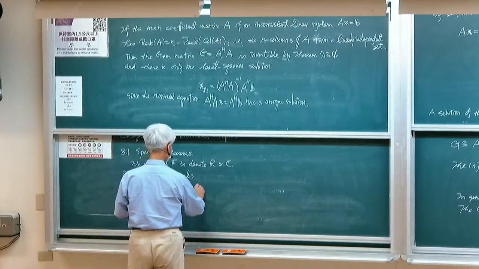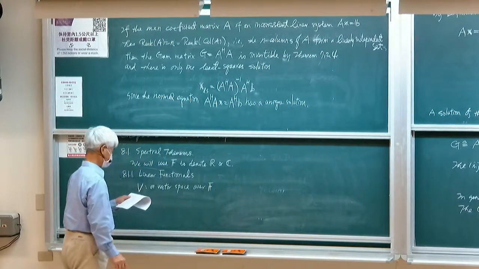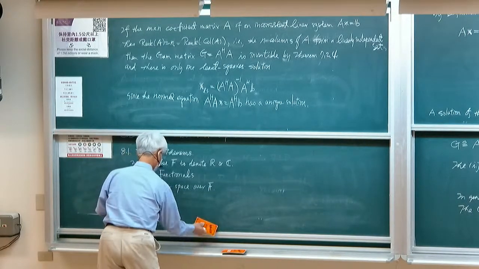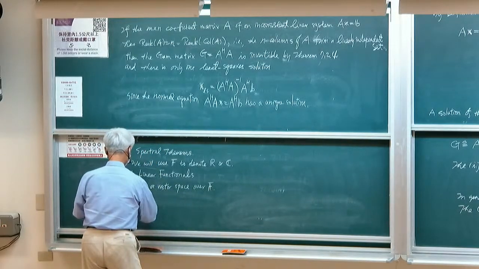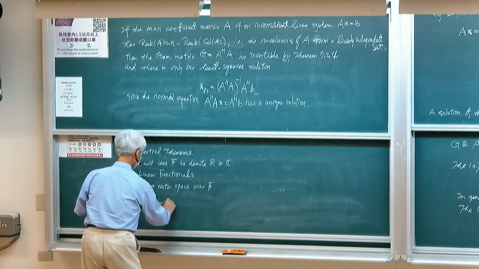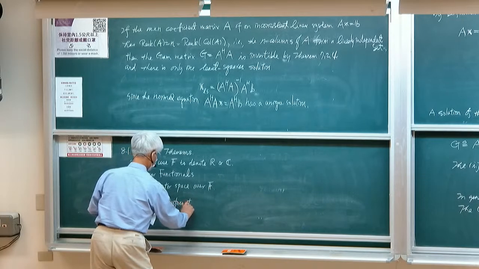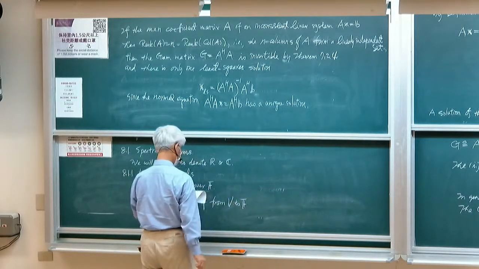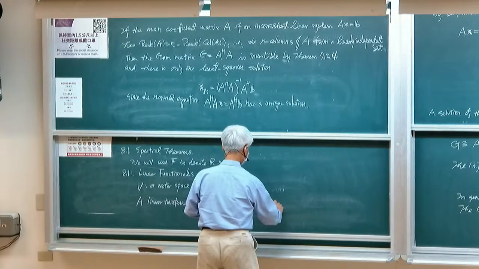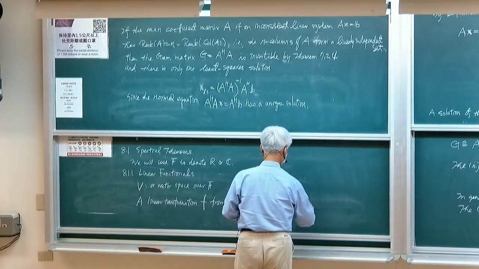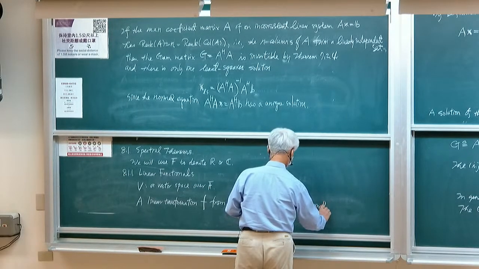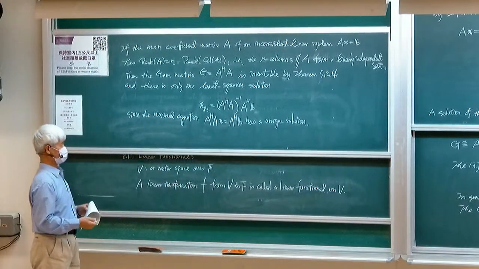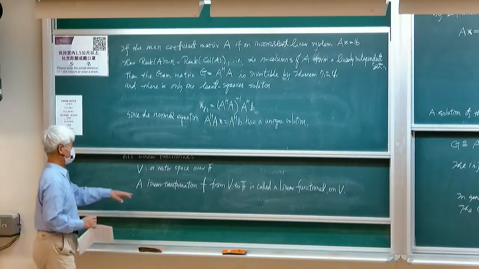So V is a vector space over F, so over R or over C. Then a linear transformation f from V to F is called a linear functional on V. So a linear functional on V is just a special kind of linear transformation.